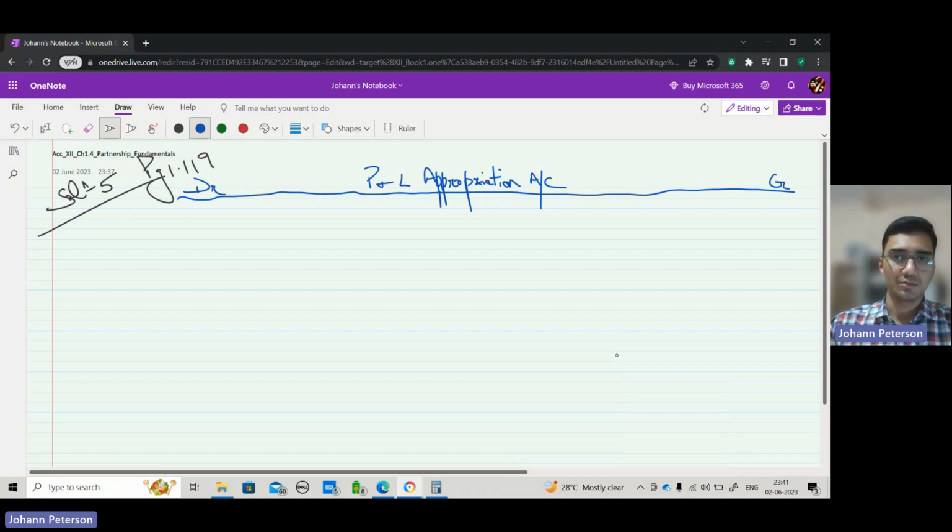In this account we're going to make 4 columns. 2 on the debit, one is particulars, rupees, again particulars on the credit side, and rupees.